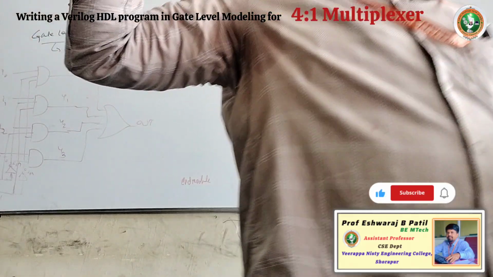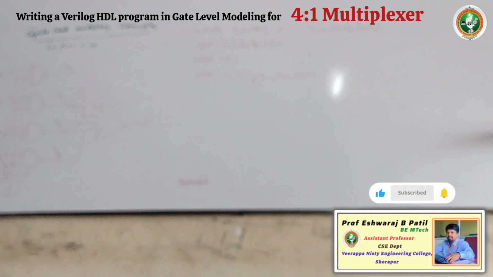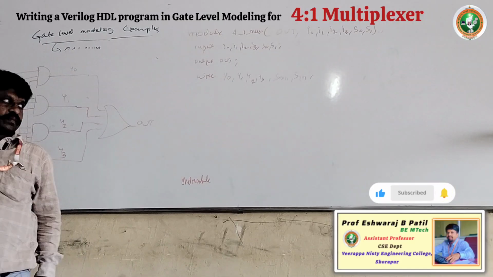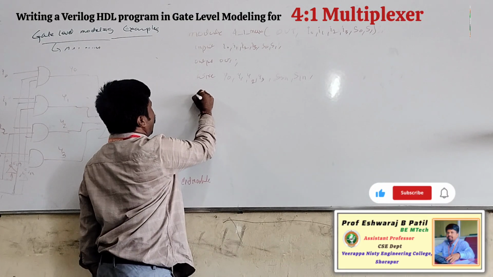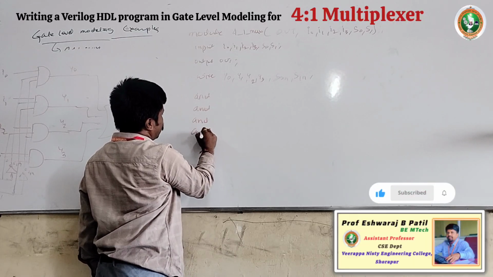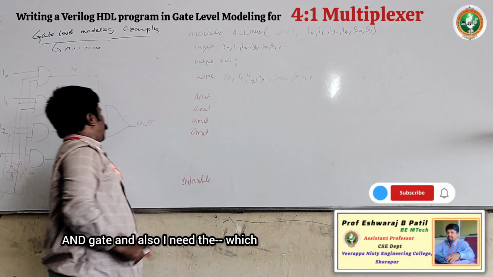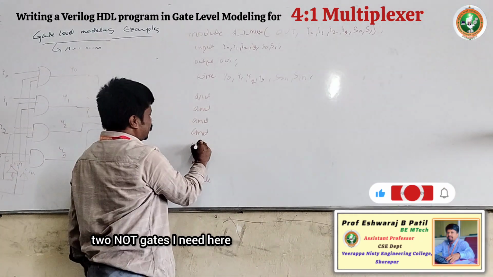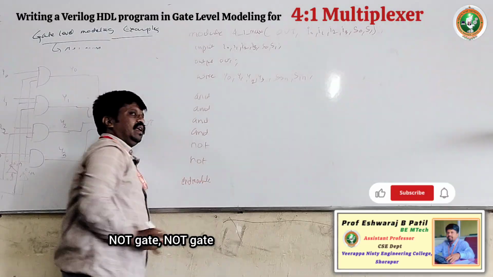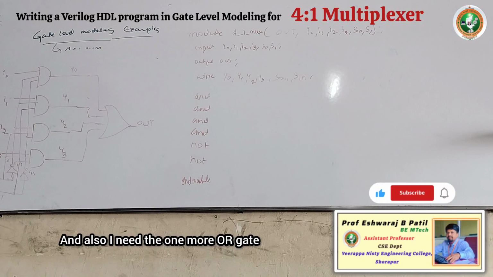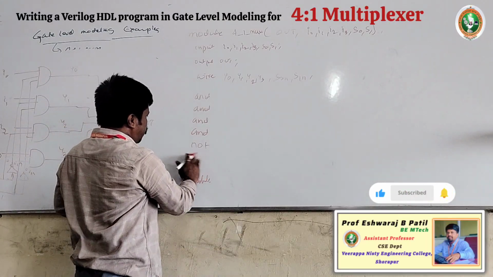And I also need NOT gates, two NOT gates here, just to identify which gates I am using, and one more OR gate I also need here.